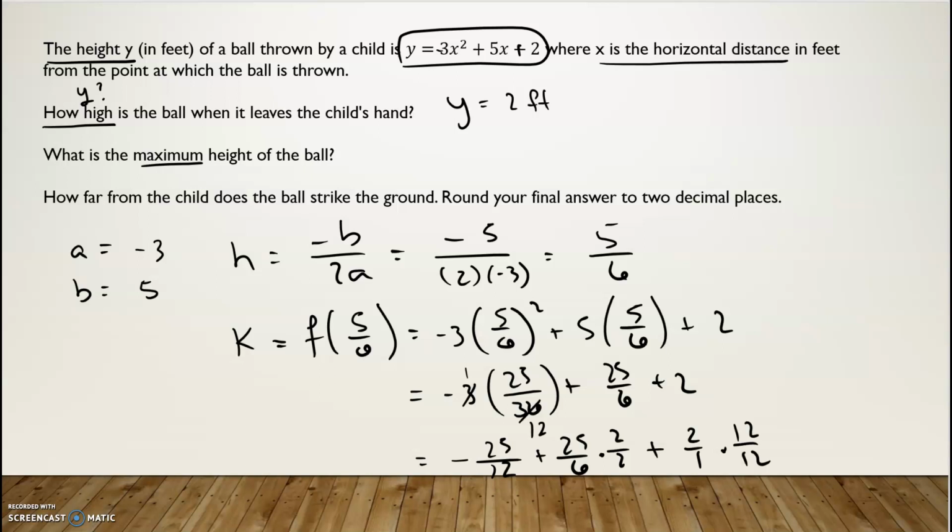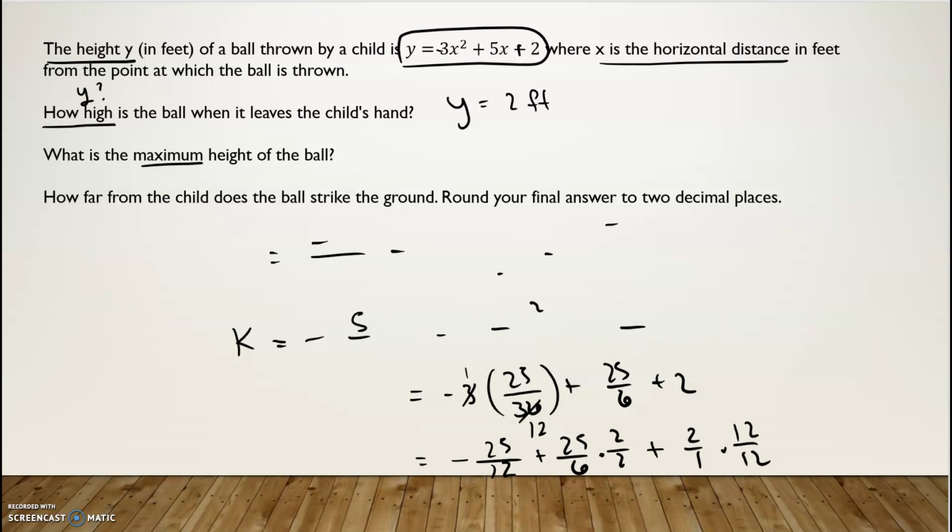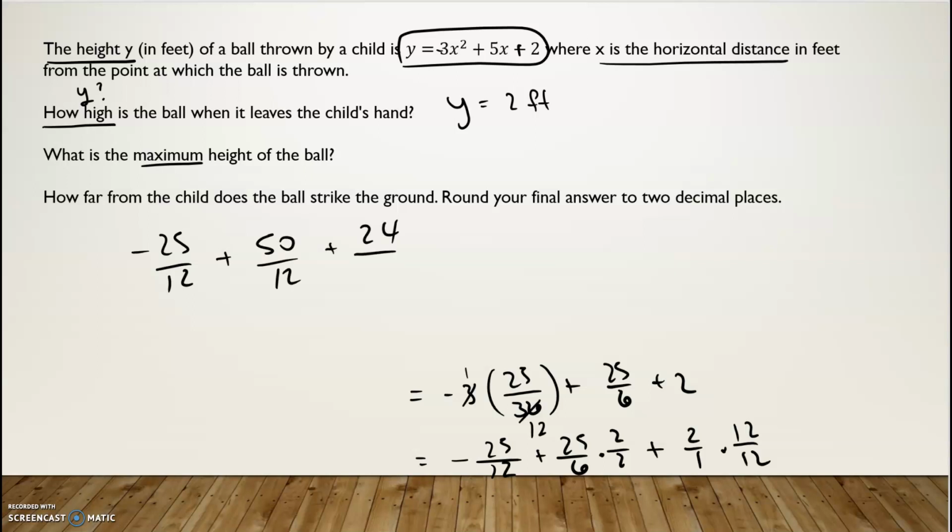Okay, so let me move some of my information here. So we've got -25 over 12 plus 50 over 12 plus 24 over 12.